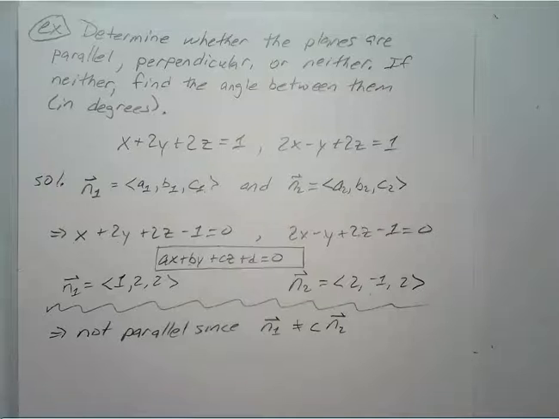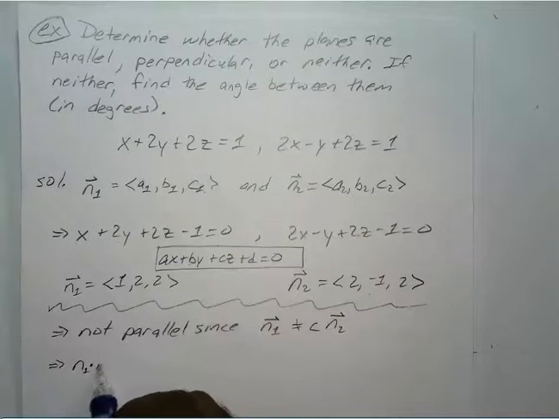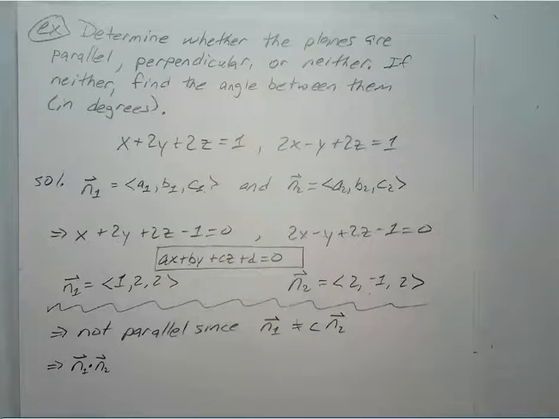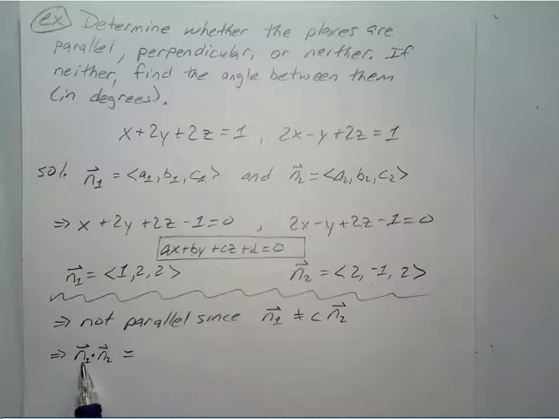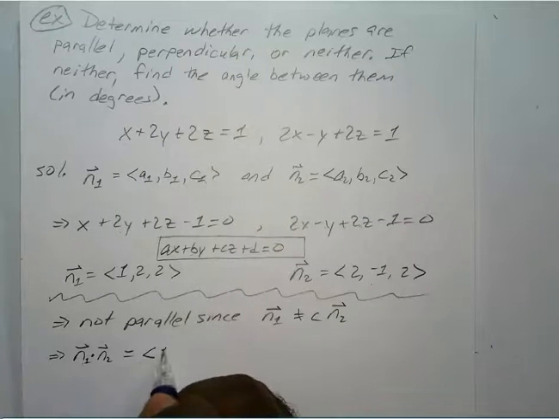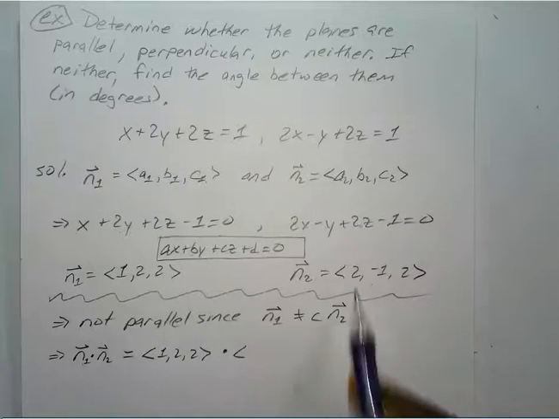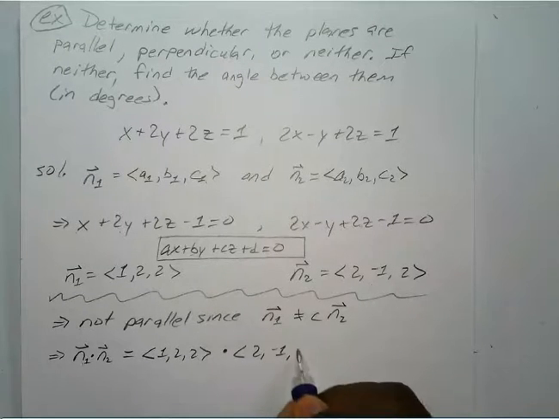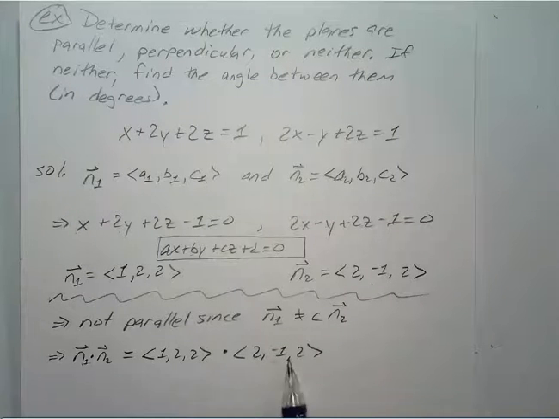Now we have to find out if they're perpendicular. So we find the dot product of them. That's n1, which is 1, 2, 2, dotted with our second vector, which is 2, negative 1, 2. With the dot product, you multiply the first components, plus the multiplication of the second, plus the multiplication of the third.